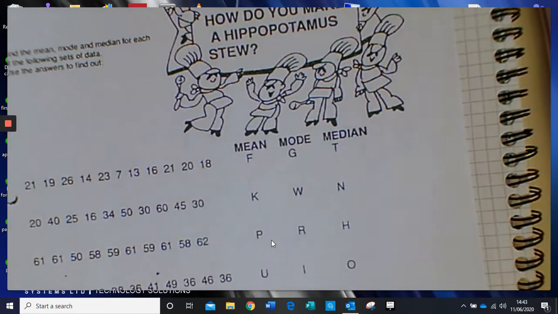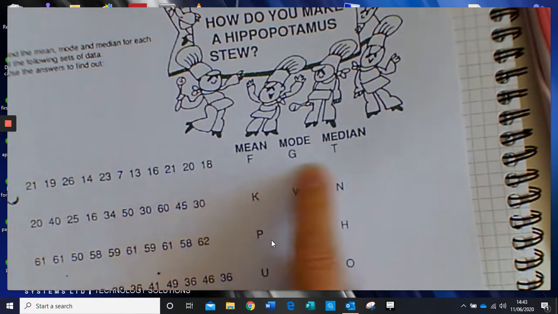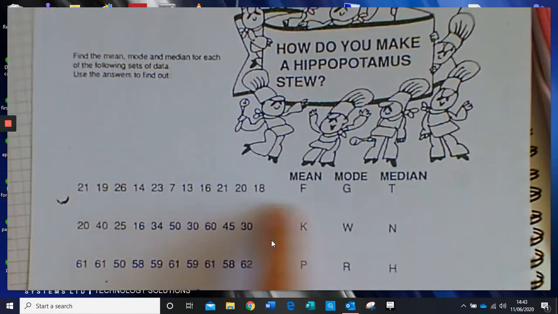And so let's do the first one. What I'm going to do is copy the first question into my book so that I can cross out on it. And I'm pretending that I don't actually have the worksheet printed, because not all of you have got printers at home.